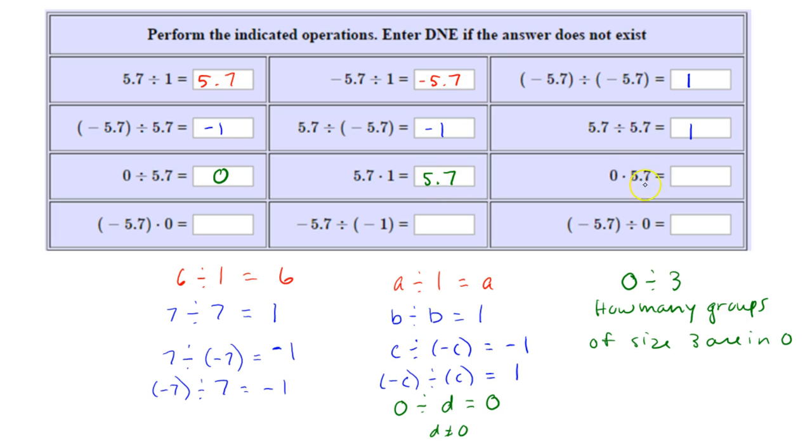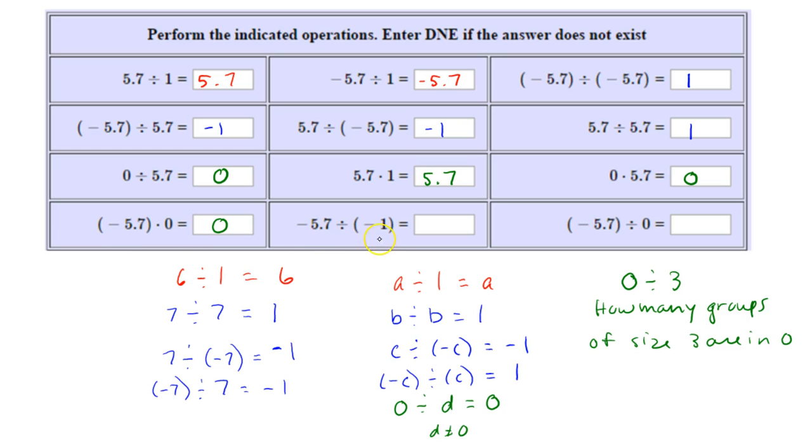Now multiplying by 0. Even though they're decimals, 0 times any number is going to be 0. Here we have negative 5.7 times 0. This is also 0. So you have 0 copies of 5.7, or negative 5.7 copies of 0. In either case, it's 0.